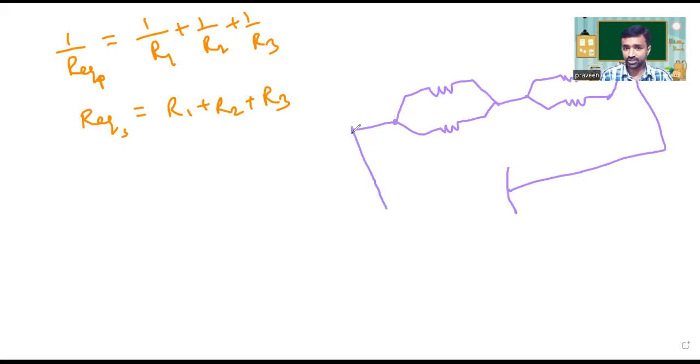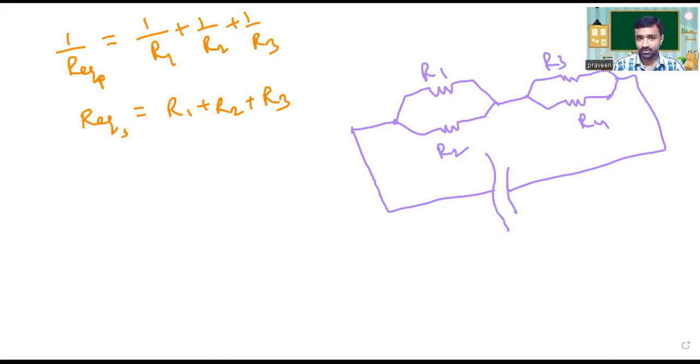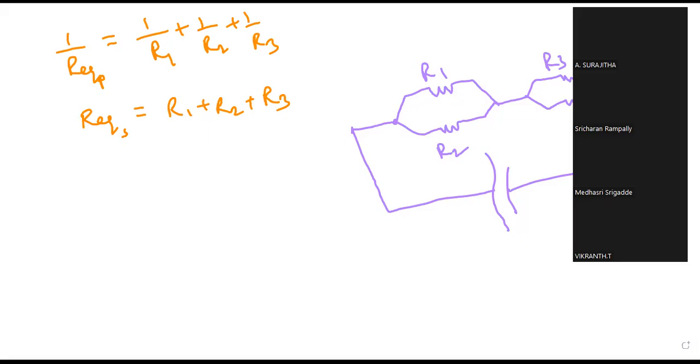The combination of resistors I am giving you is R1, R2, R3, and R4. Identify the combination of resistors here. It is a simple task: identifying the combination of resistors. Are they in the same combination, all the 4 resistors? Are they in the same combination given here?